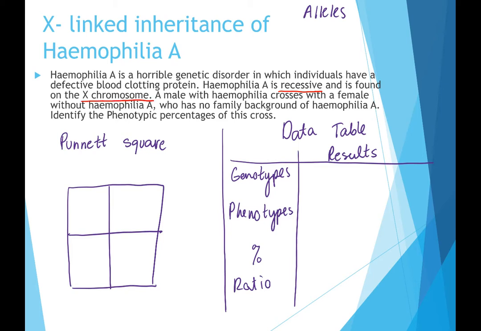So a male with hemophilia is crossing with a female without hemophilia A. Okay, and she actually has no family background of hemophilia A. When you get that no family background of hemophilia A, we can quite confidently assume that in this case we actually have a homozygous dominant individual.